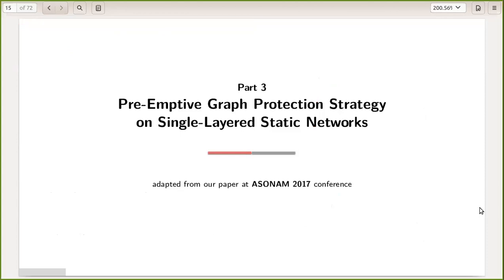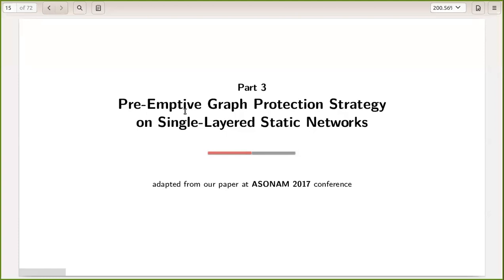So I will introduce our first proposal, which we call the preemptive graph protection strategy. The graph protection strategy is the strategy to solve the graph protection problem that I previously mentioned. This one is implemented on a single layer static network.